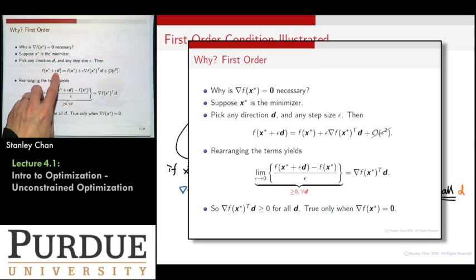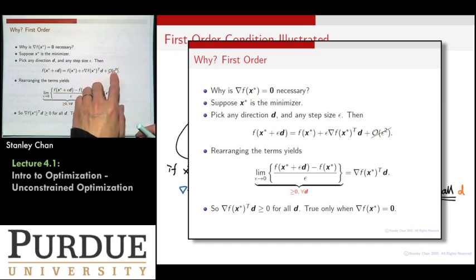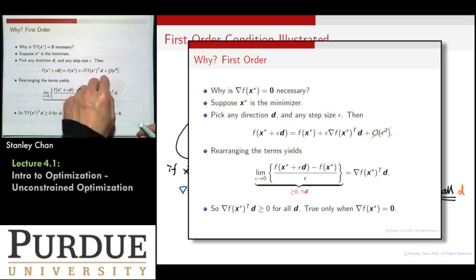Since this is a small perturbation from your X star, you can do this thing called the Taylor expansion to the first order. Now, I'm lazy, so I'm ignoring the second order and higher order terms. I just remove them. If you look at the first order expansion, then you get f evaluated at X star, plus epsilon times the gradient transpose with your search direction.